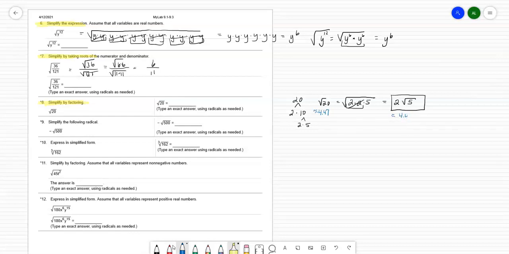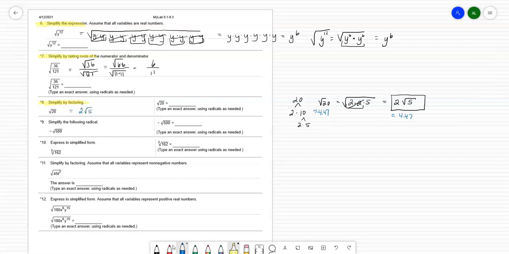So that's just a quick way you can use your calculator to check to see if you are simplifying correctly. Sometimes you can get a perfect approximation match, but still not have a completely simplified radical. So you have to be careful about that. Now let's put our answer here. The square root of 20 is 2 square root of 5.